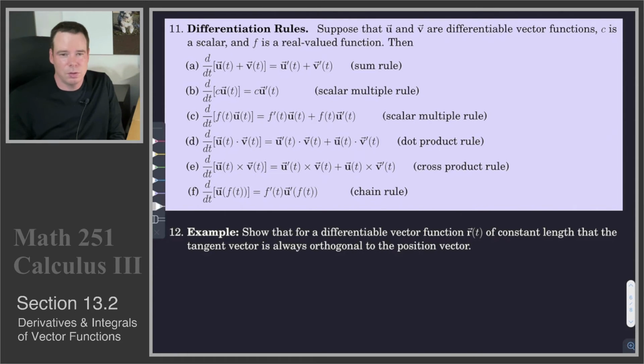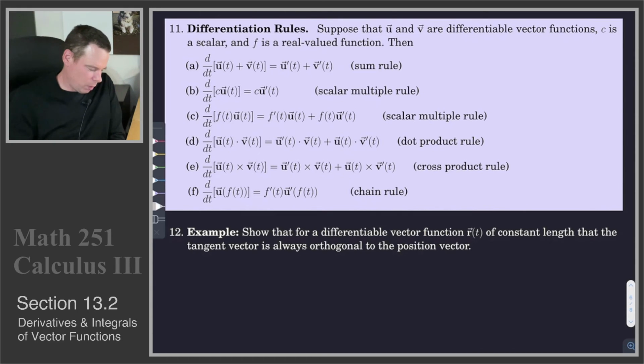Or if we had two vector-valued functions and we were dotting them together and I wanted to take their derivative, it would be the derivative of the first dot the second plus the first dot the derivative of the second. Similarly for the cross product, we have a cross product rule. All very similar flavor to the original product rule we had. That's not surprising because the way we compute the derivatives is just component-wise: the x component, the y component, and the z component.